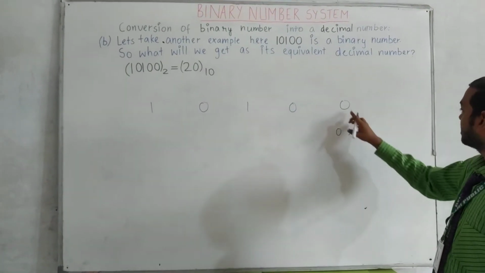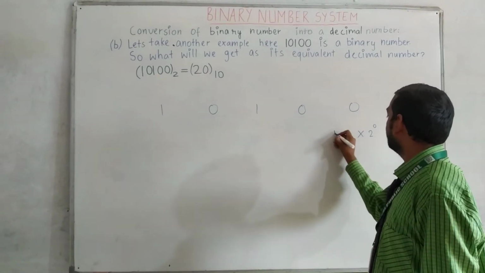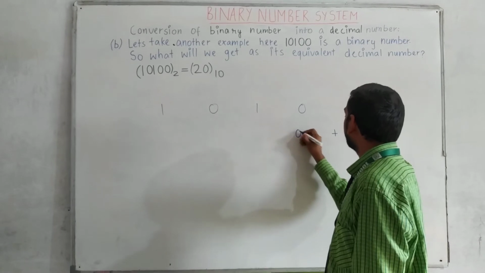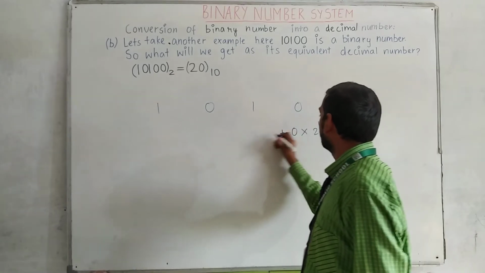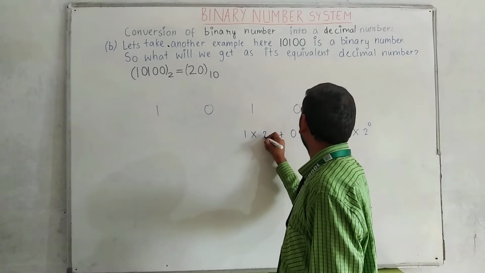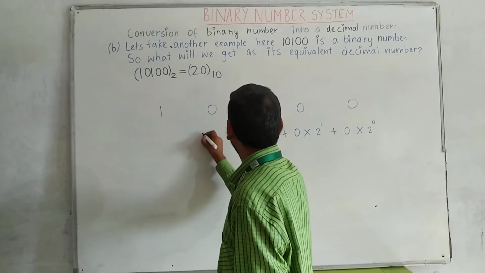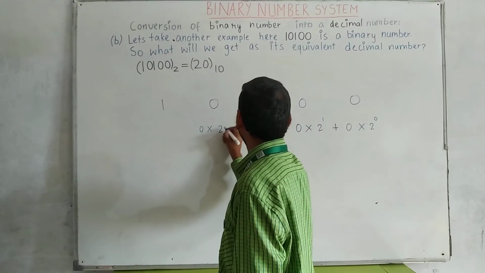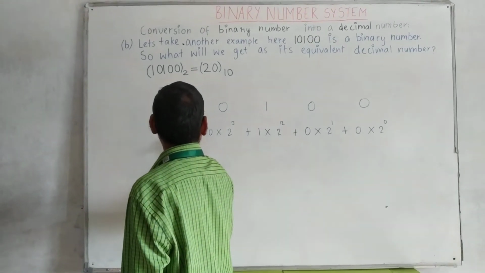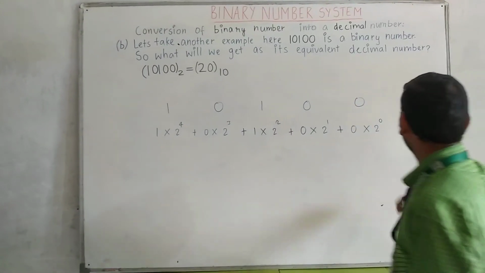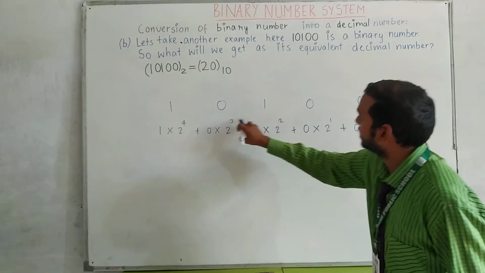Then we will add, and we will multiply the second digit with 2 to the power 1, then the third digit with 2 to the power 2, then the next digit 0 into 2 to the power 3, and 1 into 2 to the power 4. Here the power of 2 is increasing from 0 to 1, 2, 3, 4.